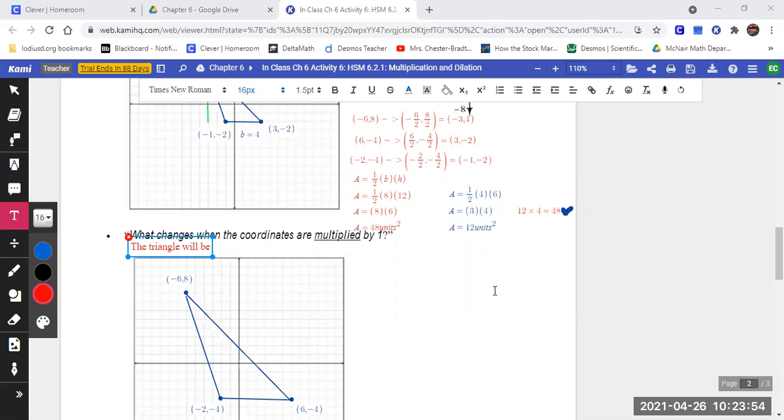If we multiply x's and y's and numbers by 1, will we be smaller than the original, larger than the original, or the same as the original? So will you please formulate a sentence for me that does that for us? The triangle will be what?